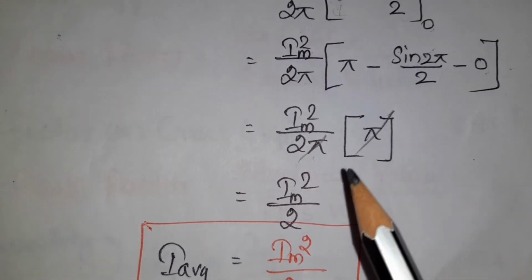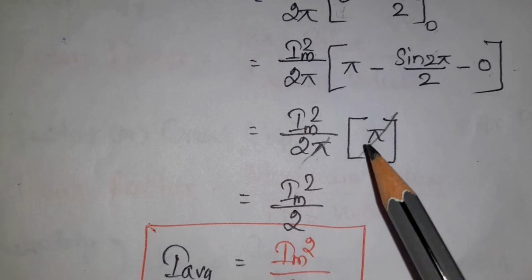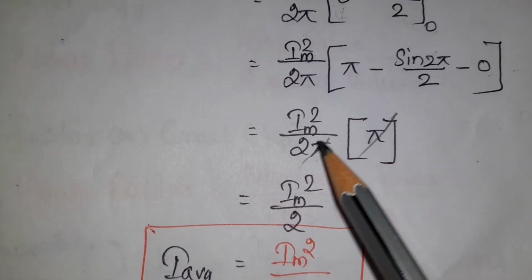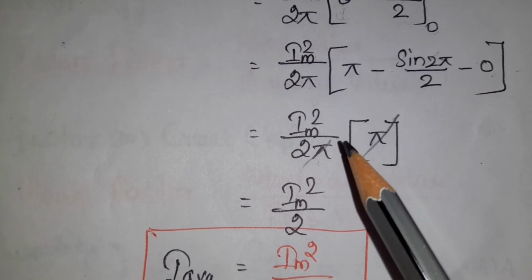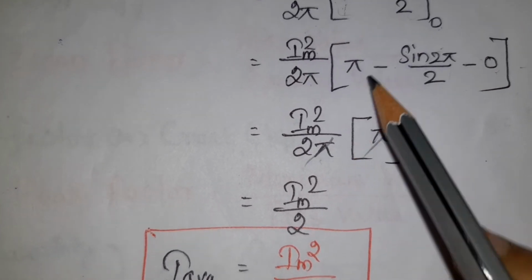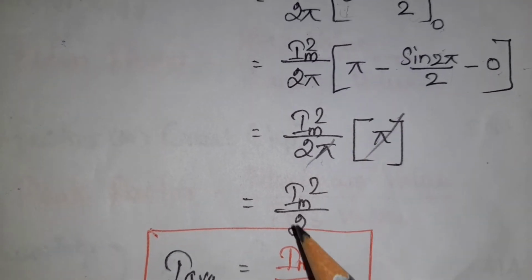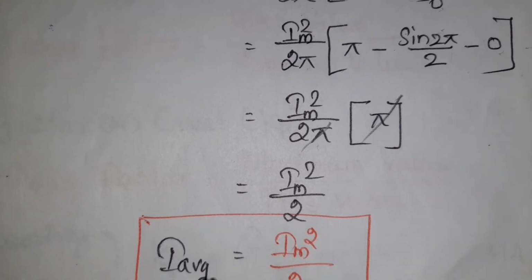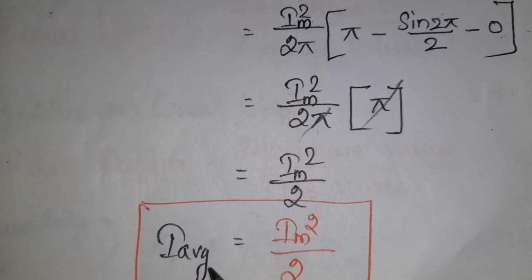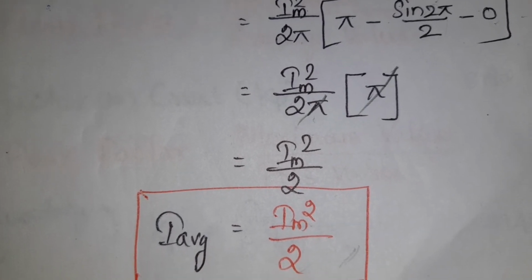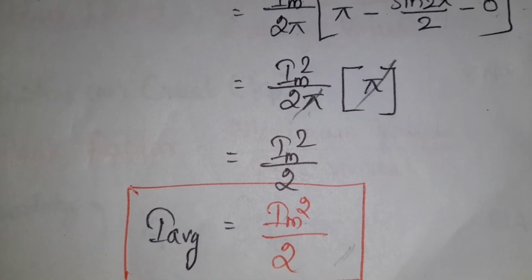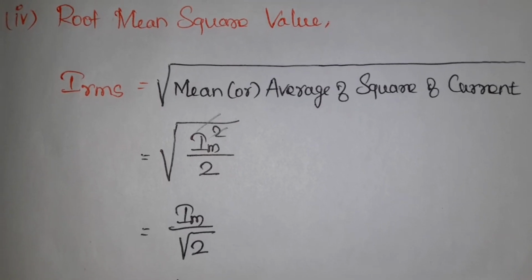So finally Im square divided by 2 pi into pi, both the pi get cancelled. So Im square divided by 2 is the average value of the square. We are getting the final Im square divided by 2. Similarly for voltage, the average is Vm square divided by 2, the same value.